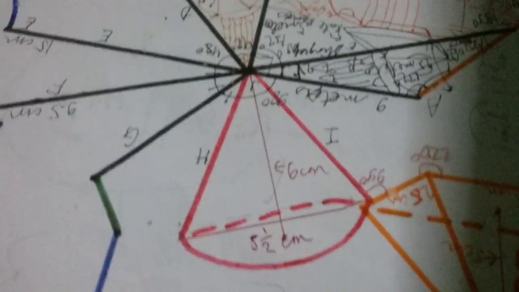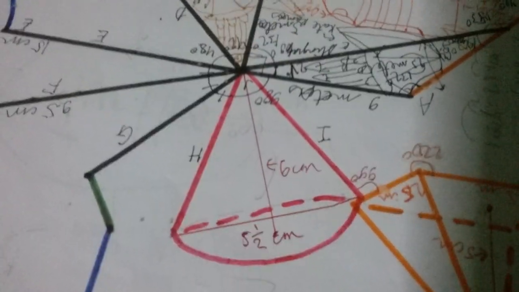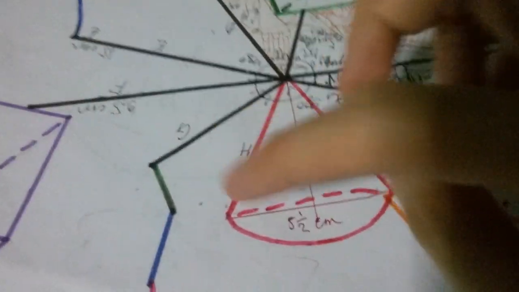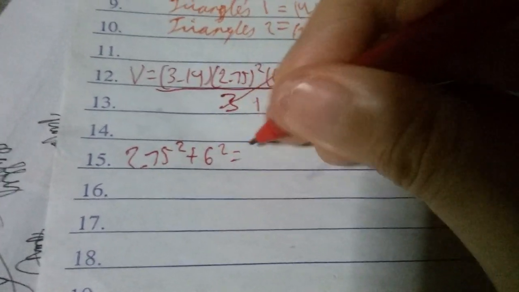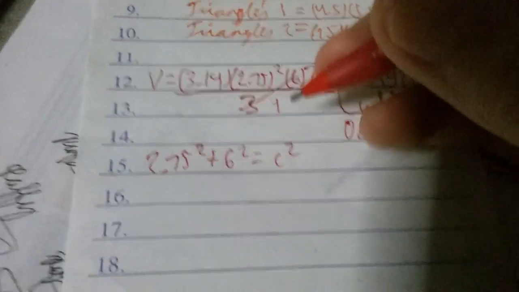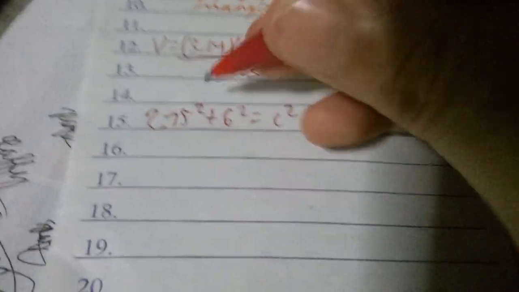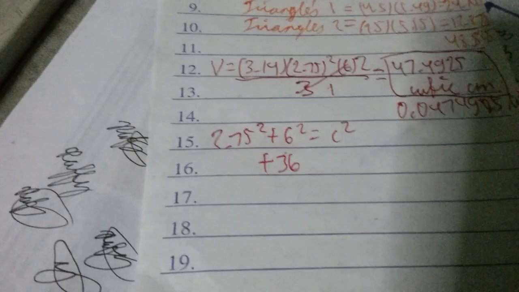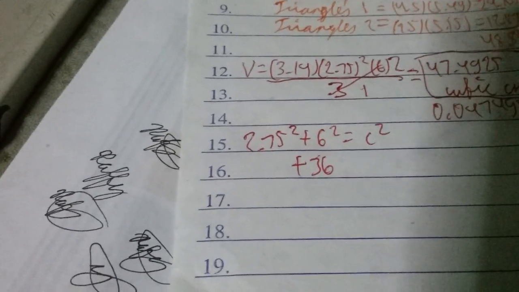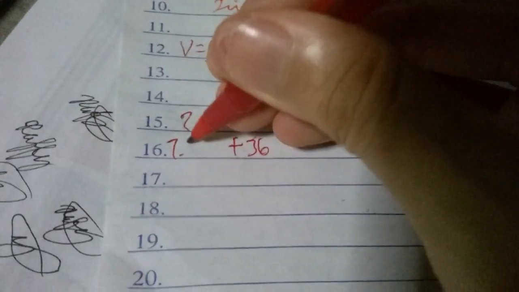Okay? You got 2.75 squared plus 6 squared equals c squared. Diba? We know that 6 squared is worth 36, diba? 2.75 squared is 7.5625.